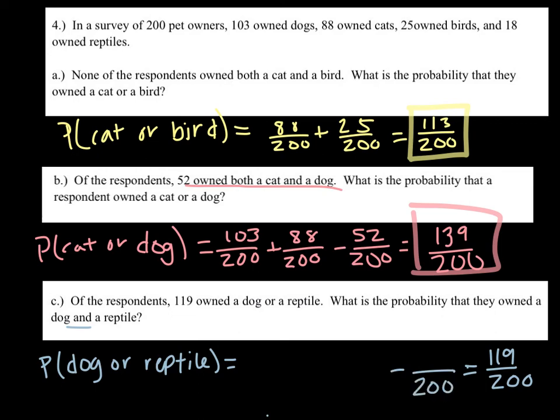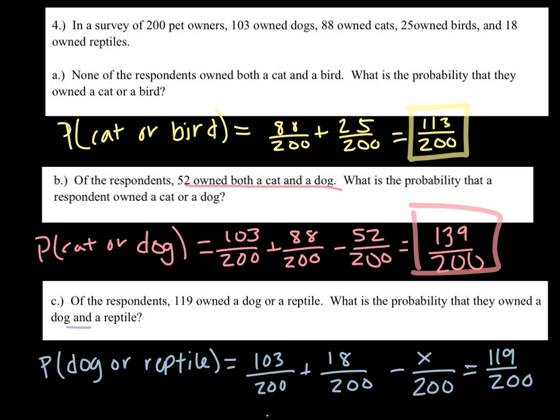So we're going to add dog owners, 103, plus reptile owners, 18, and subtract what we're trying to find, which would be both of them, the ones that own a dog and a reptile.